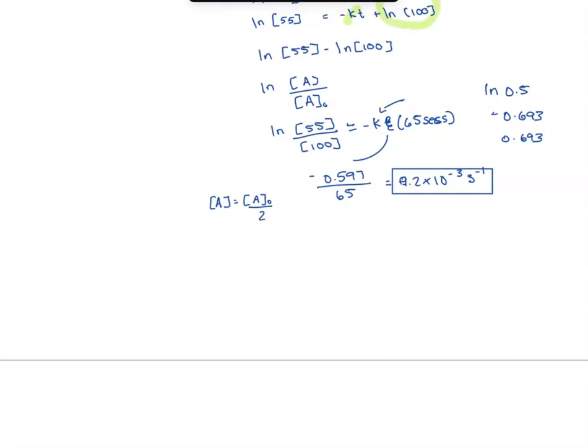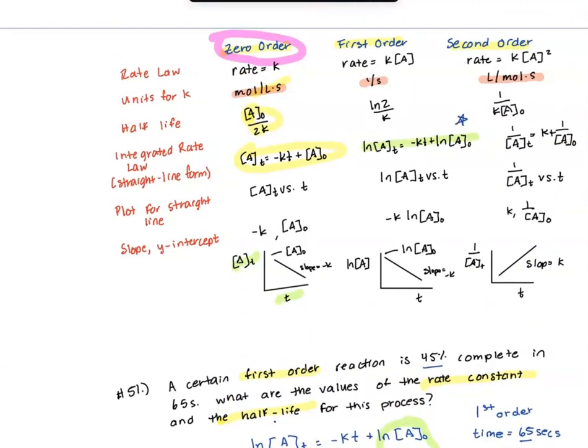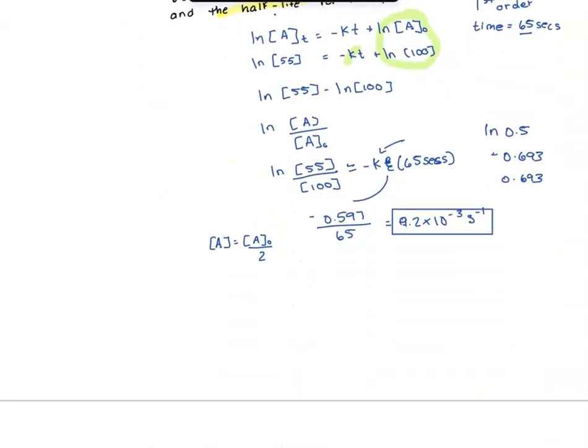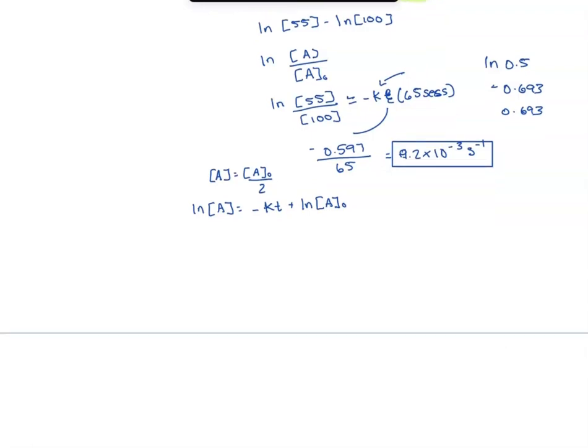Okay, so let's go ahead and take the integrated rate law. I'm just pulling the integrated rate law, so this guy here. Now let's write that. It's natural log of concentration equals negative kt plus natural log of initial. And now I said that as a first order, we have concentration equals concentration initial over 2. So all I'm going to do is put concentration initial over 2. Remember our rules of logs.